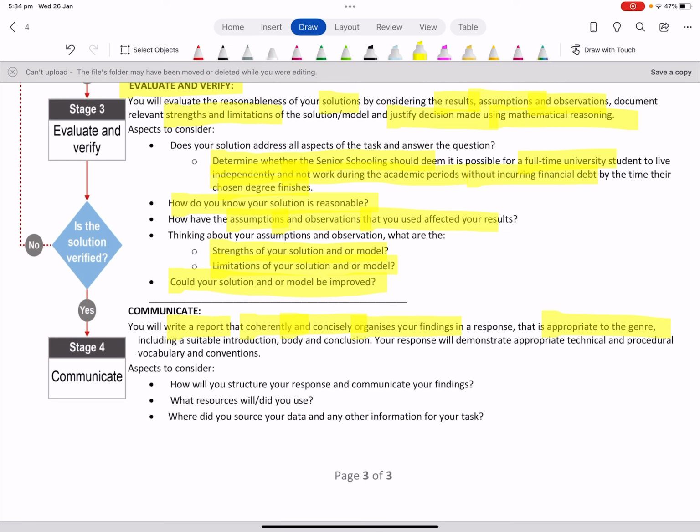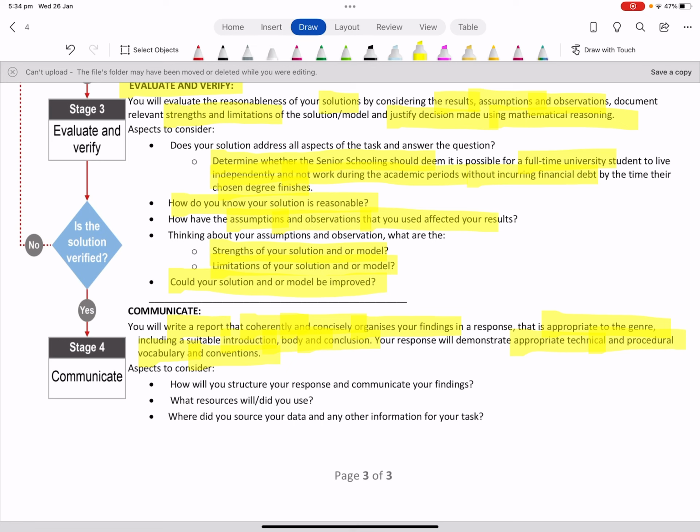Again, we want to see introduction, body, and conclusion in your report, and we want some appropriate technical and procedural vocabulary, so using some of the words that we use when we're dealing with budgets and inflation and things like that, as well as all the different conventions that we will be using. So that's things like percentages and dollar signs and all those kind of things as well.